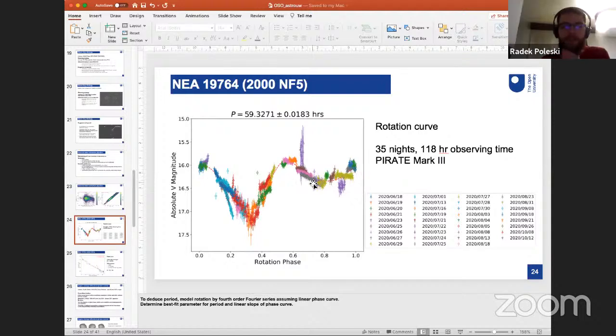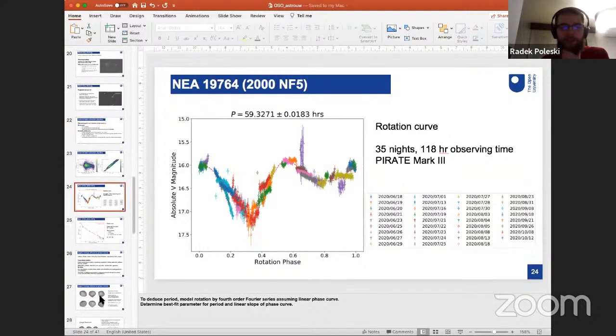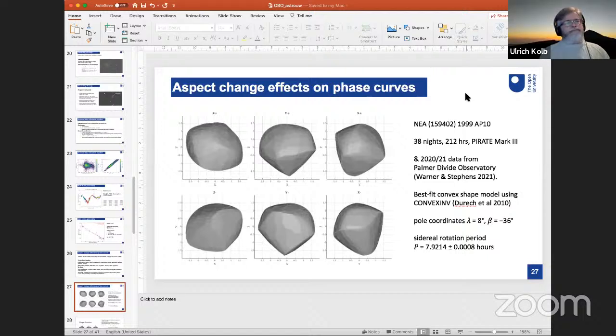Okay, thank you. So three slides later, you showed the shape of the asteroid. My question is whether you have uncertainties of the shape parameters or the pole coordinates, or if it's just the best fit? Oh, yes, this is the best fitting one.